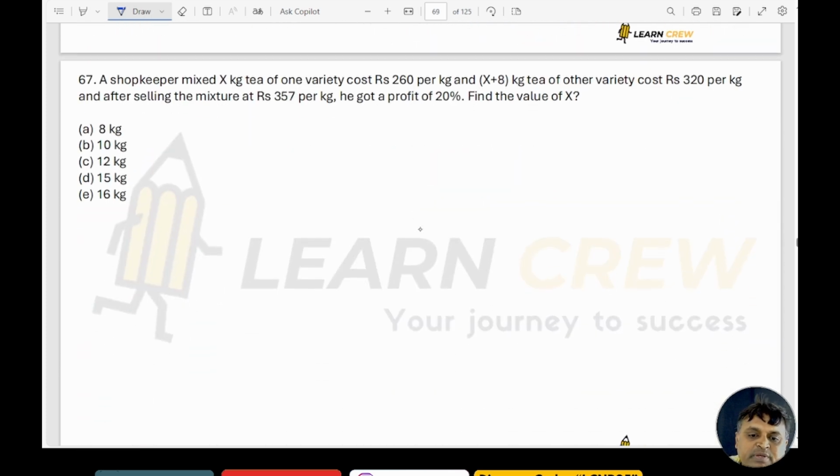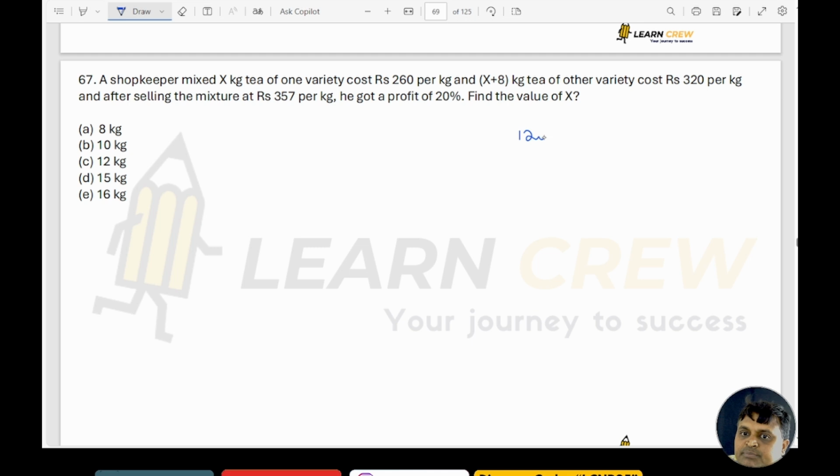Next, a shopkeeper mixed x kg tea of one variety costing 260 rupees per kg and x plus 8 kg tea of another variety costing 320 rupees per kg, and after selling the mixture at 357 he gets a profit of 20%.